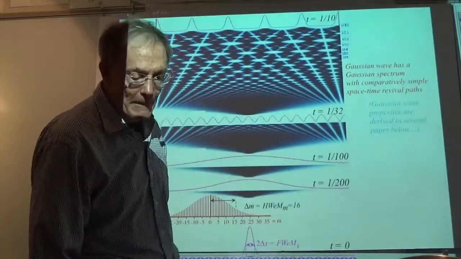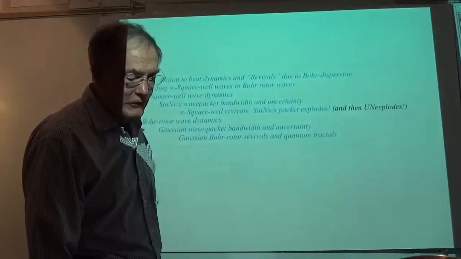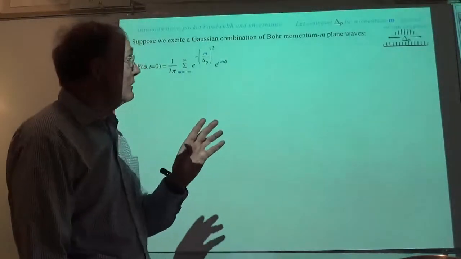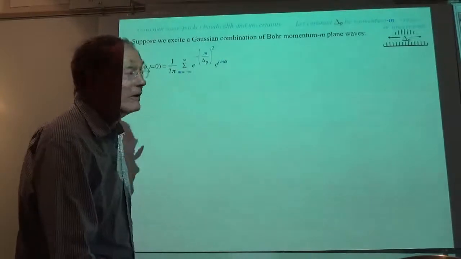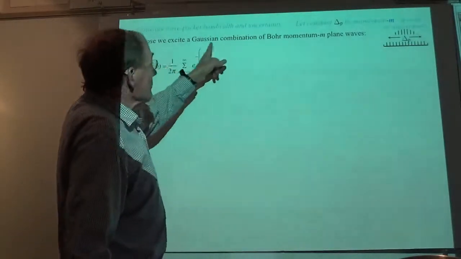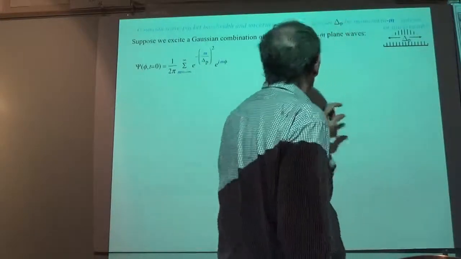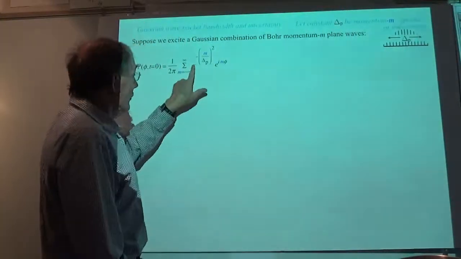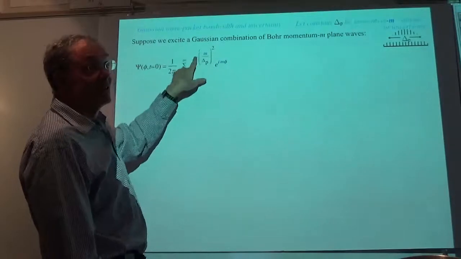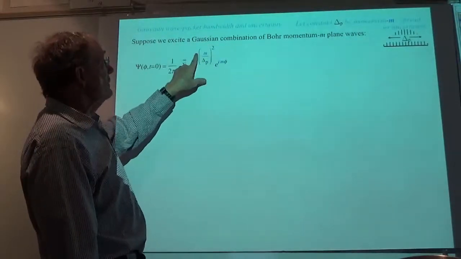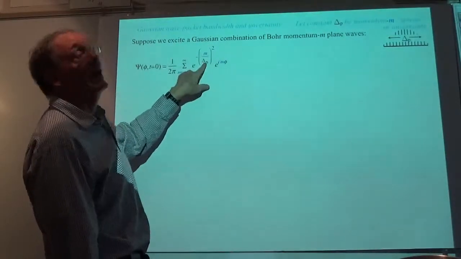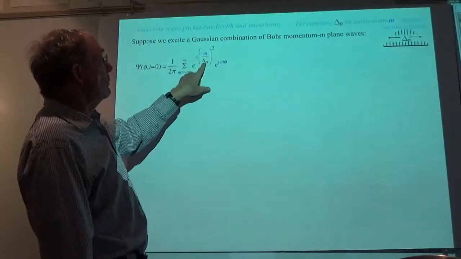Okay, the width. And we've got to talk about that a little bit. I'm going to go through this real fast because it's something you need to study on your own. But now we're going to suppose that we have an uncertainty spread here given by this coefficient. We're going to use a Gaussian, m squared over some momentum parameter width.